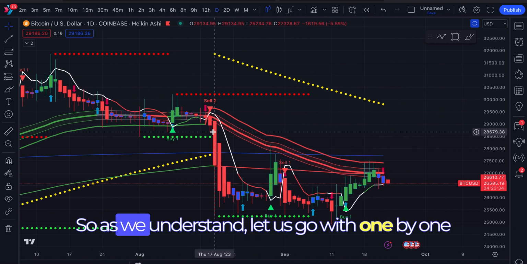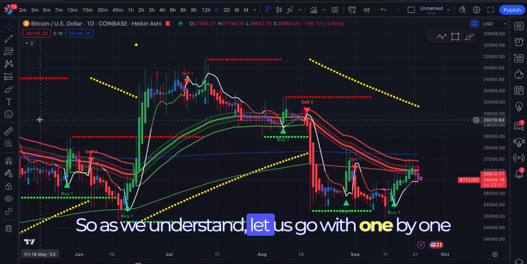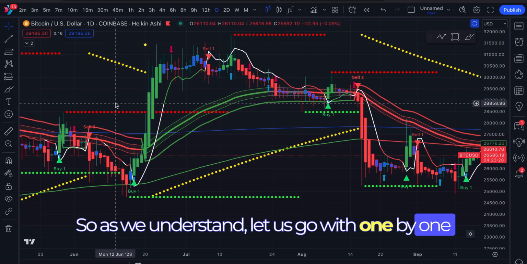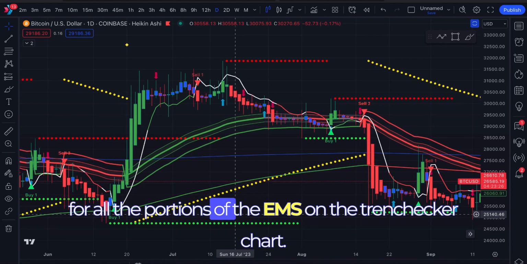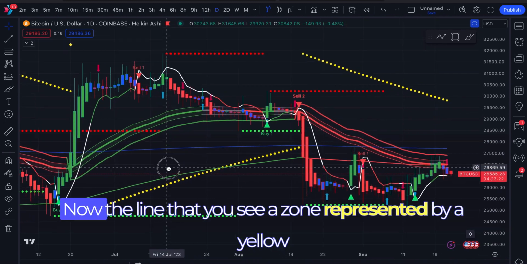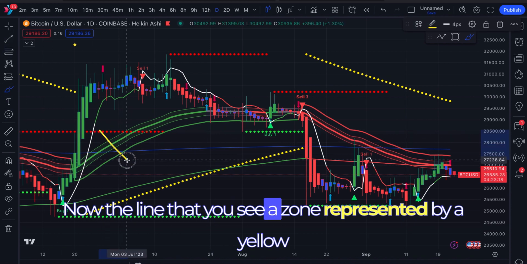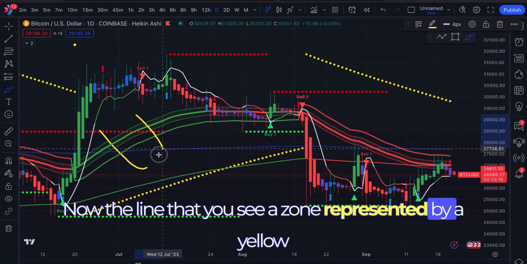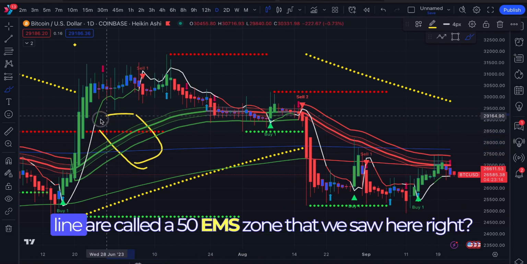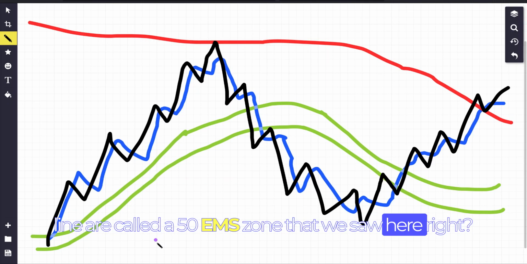So as we understand, let us go one by one through all the portions of the EMAs on the TrendChecker A chart. Now, the zone represented by a yellow line is called the 50 EMA zone that we saw here, right?